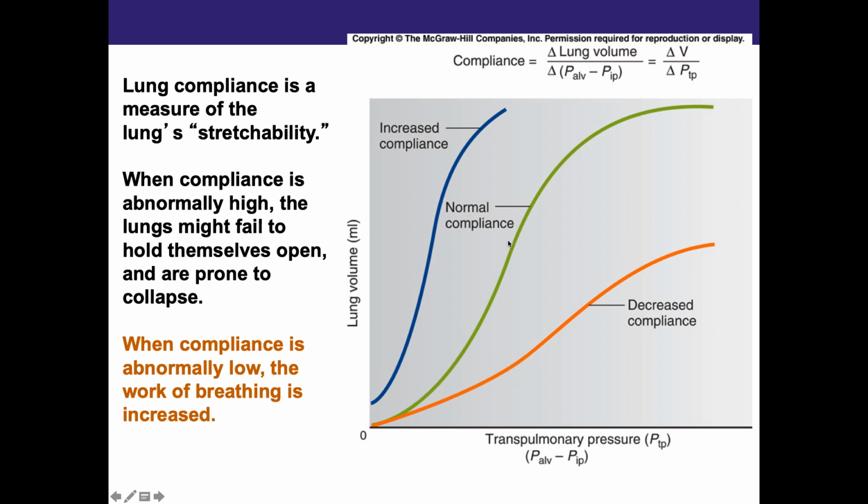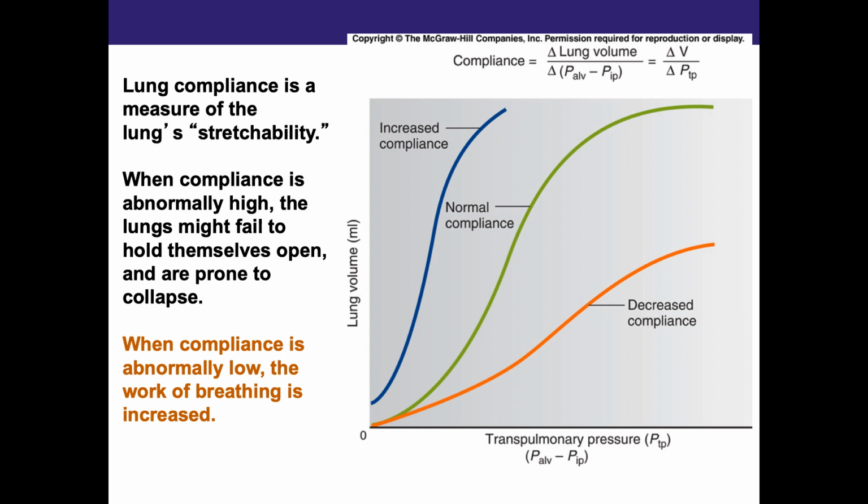What this is saying is that it takes more of a pressure change to open up the alveoli, and when you do open them up, you really don't get much change in volume. So it's really difficult to open up alveoli. This would be an example of decreased compliance.